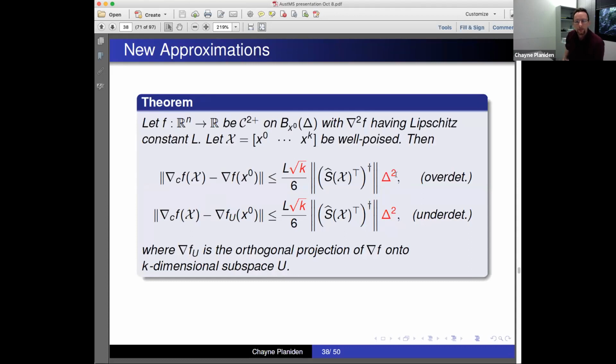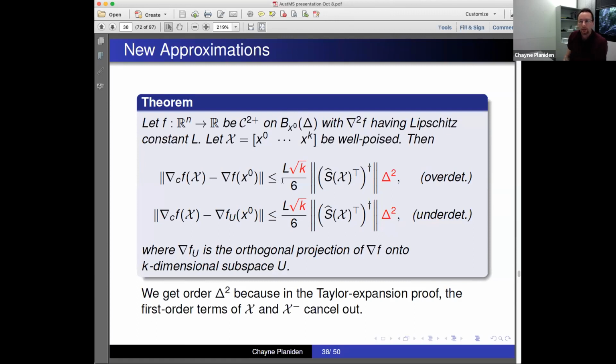We proved that in both the overdetermined case, which is k bigger than n, and the underdetermined case, which is k smaller than n, you can obtain these error bounds for the generalized centered simplex gradient. Once again, it's a function of k, the number of points you use, and delta squared, and then the norm of your Moore-Penrose inverse, and your L, the Lipschitz constant of the gradient.